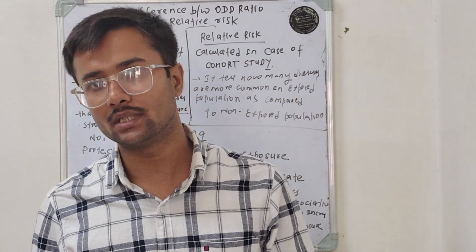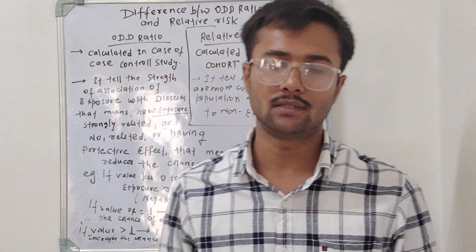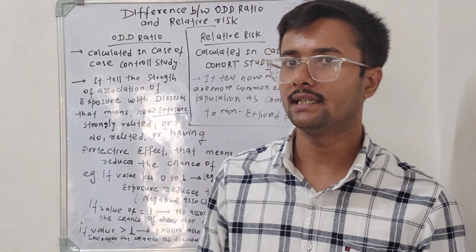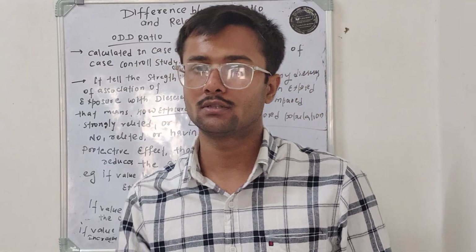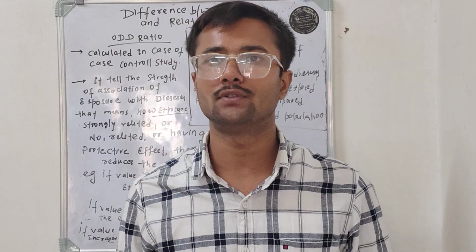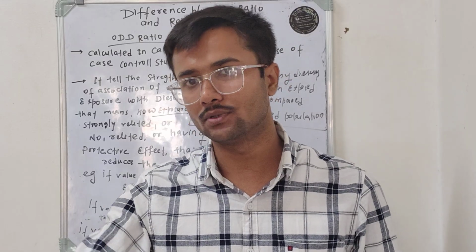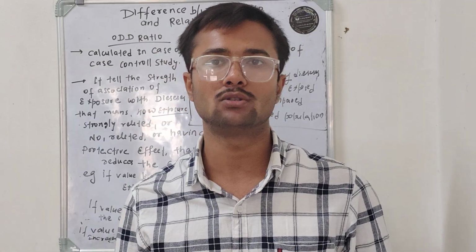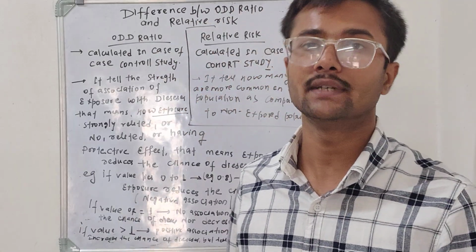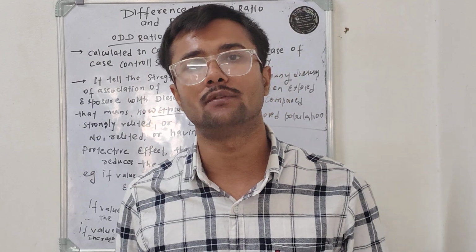Then it indicates that the exposure is beneficial, not promoting the disease. This exposure reduces the chance of disease. So three things we try to find in case of odds ratio.